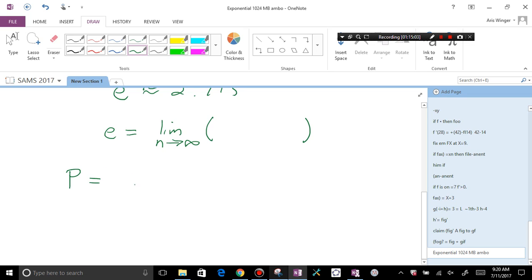Okay, great. So A equals P times (1 plus r over n) to the nt power. Does that look familiar? Okay, excellent. What I want to do is this. I'm going to take $1. I'm going to give you an interest rate of 100%.